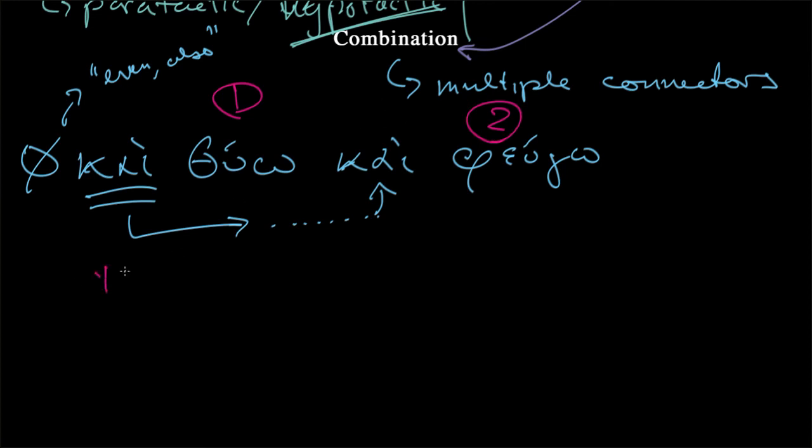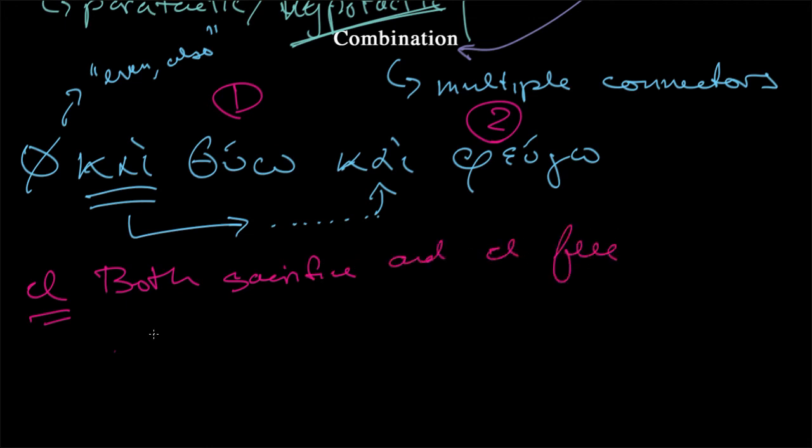And then in English, we could do the same thing by saying both. I guess in English we might need to pull this out, but I both sacrifice and I flee. Or maybe I both sacrifice and flee.